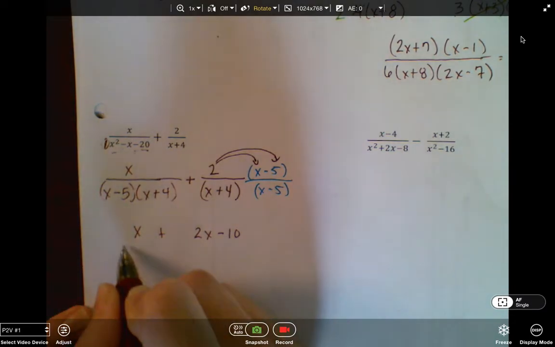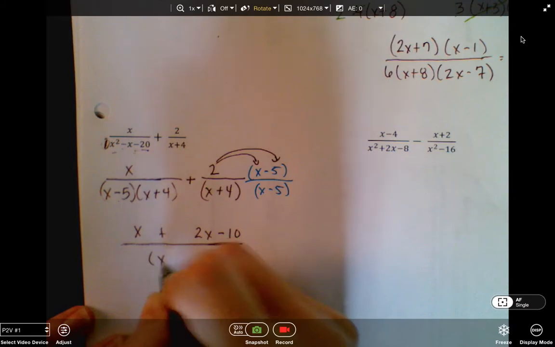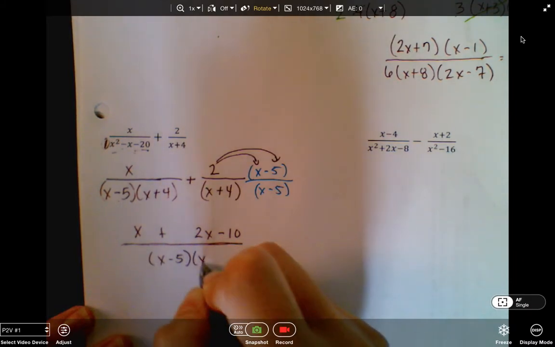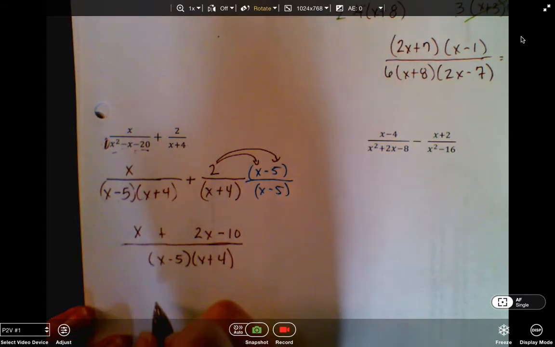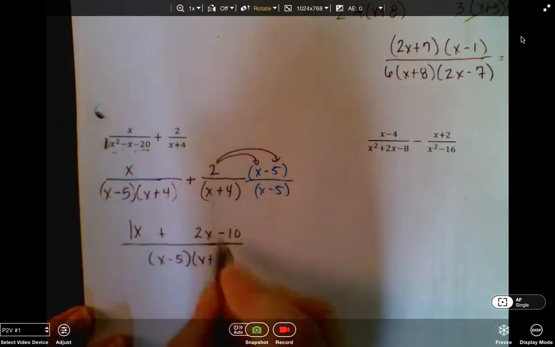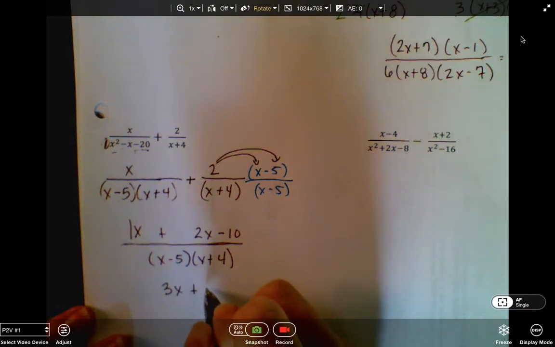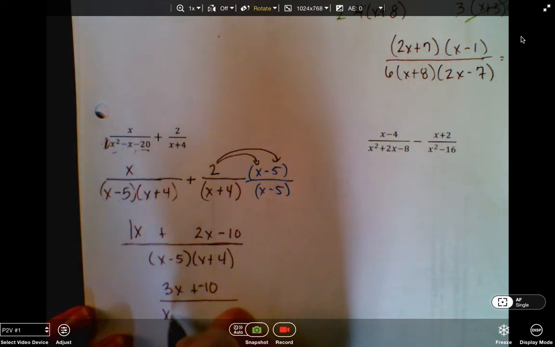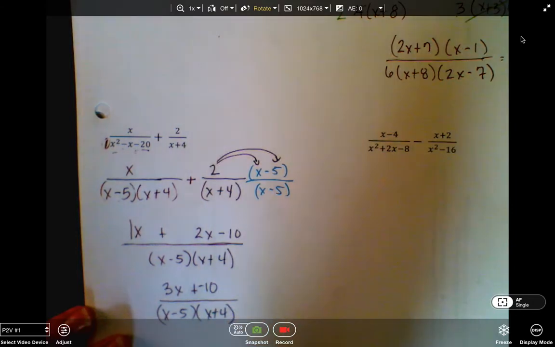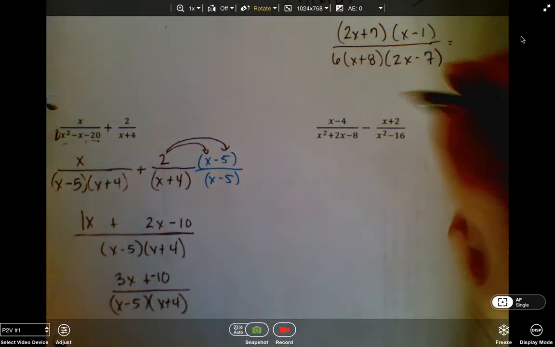And since we have a common denominator now, we can go ahead and rewrite this all with the common denominator. Okay. Simplify the numerator. 1x plus 2x is 3x plus 10, negative 10, all over x minus 5 times x plus 4.